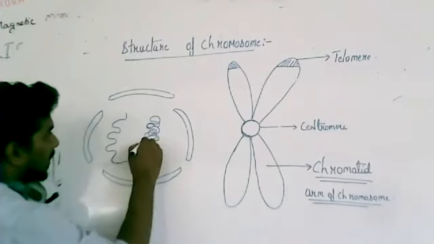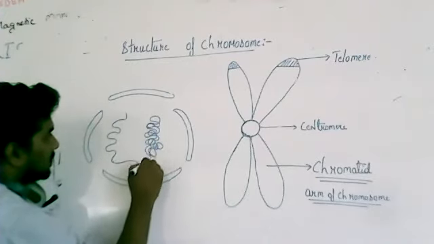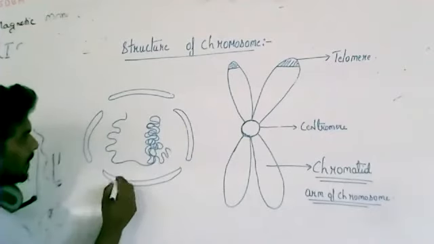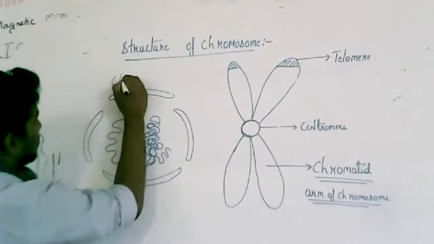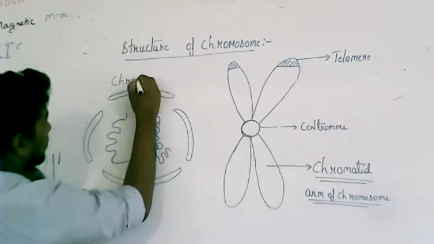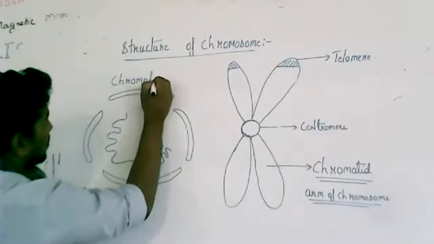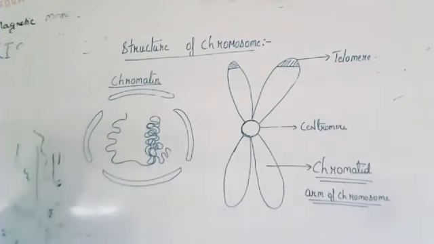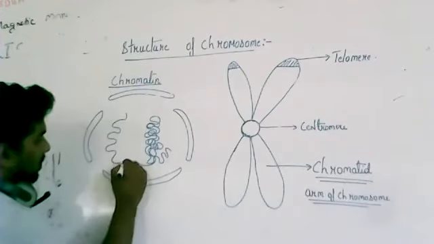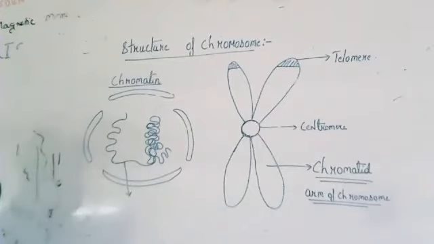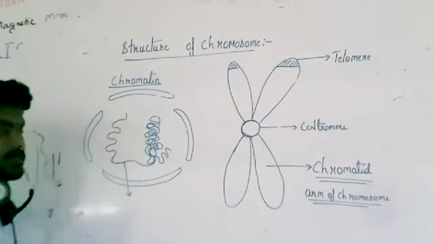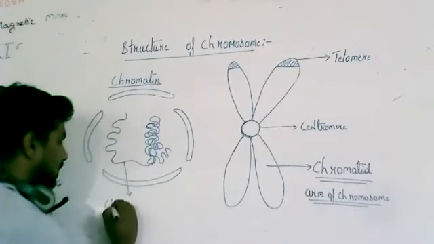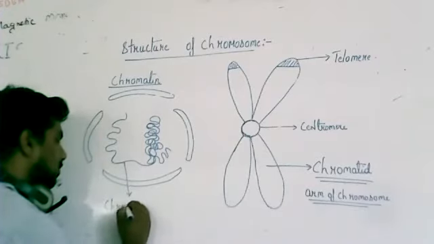Okay. So they are tightly packed in some areas. These kinds of structures are called chromatin. So thread-like structures are called chromatin in a normal cell. If you open the normal cell, you'll find this kind of structure. Somewhere you'll find loosely coiled, and in some area you'll find tightly coiled. These structures are called chromatin.